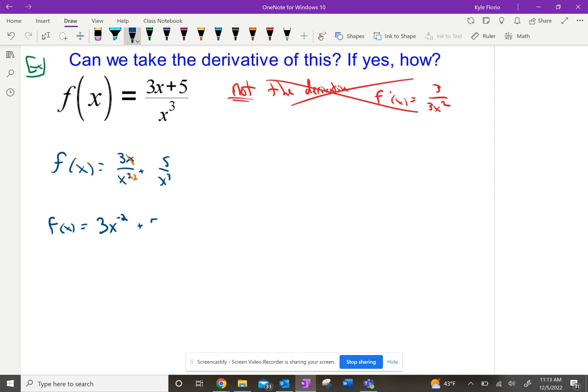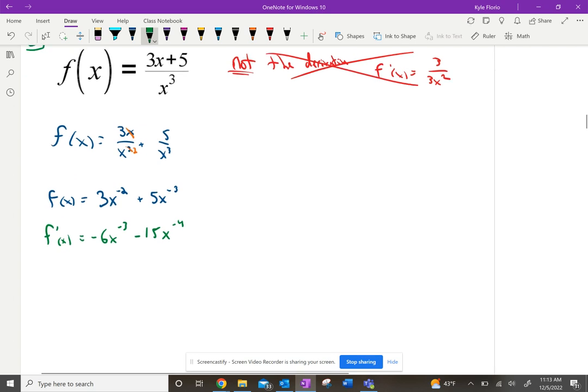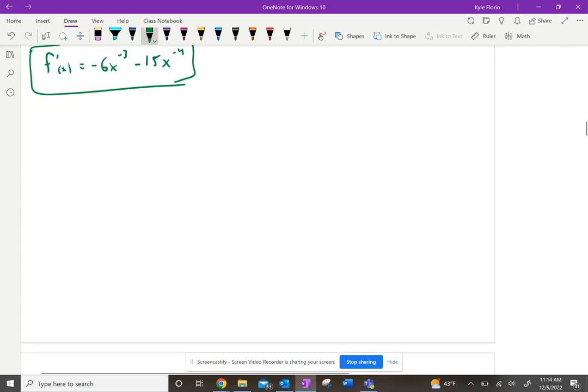And this 5 over x cubed, I can rewrite as 5x to the negative 3. Cross the line, change the sign. And now taking the derivative is just a power rule. So it's going to be negative 6x to the negative 3 minus 15x to the negative 4. Not that difficult of a problem. And it's only doable because we can rewrite this quotient as 3x to the negative 2 and 5x to the negative 3. That's kind of like adding two power functions.